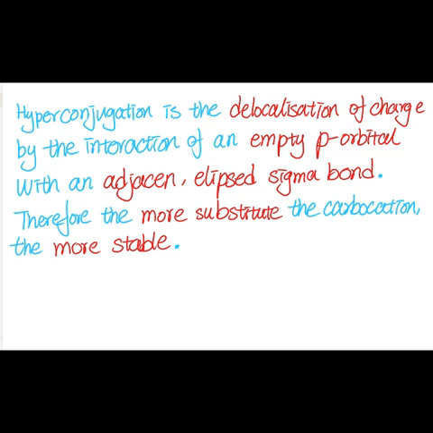The more carbon groups attached to the carbocation, the more stable it is. Hence, tertiary is more stable than secondary, which is more stable than primary carbocation, right?